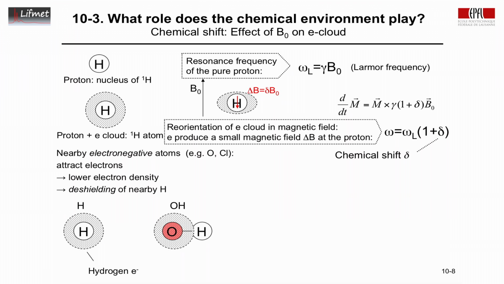And essentially, because oxygen is electronegative, the probability that the electron is swirling around the hydrogen is much reduced, and most of the electron is actually at the site of the oxygen.